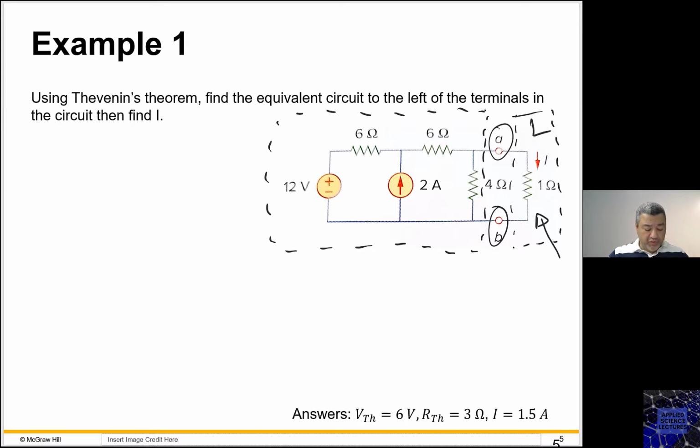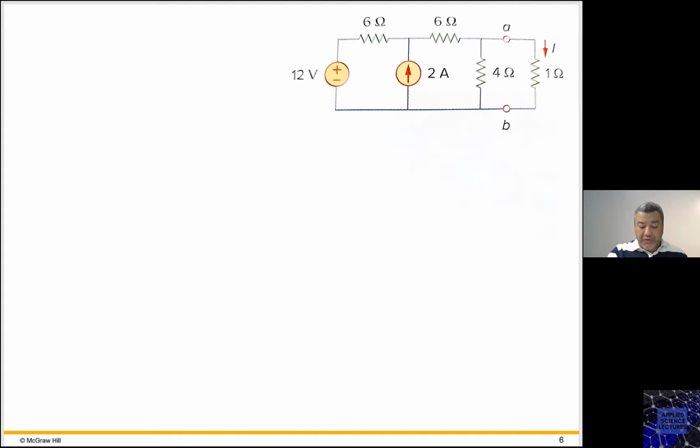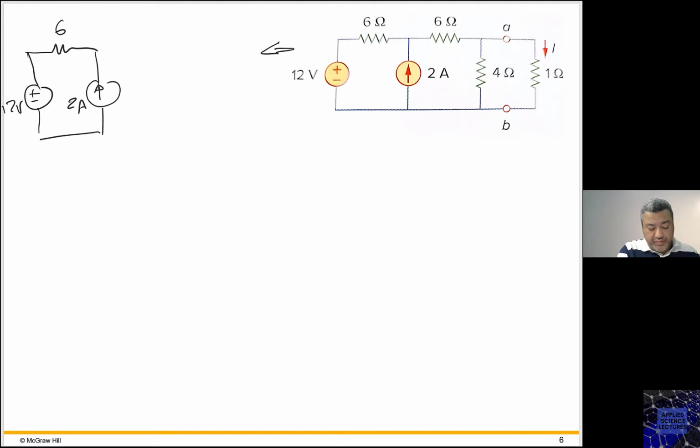So what I'm going to do is the following. At the beginning, I will disconnect the load from my circuit. So the circuit's going to look like this. I have the 12 volt, 6 ohm, 2 ampere.